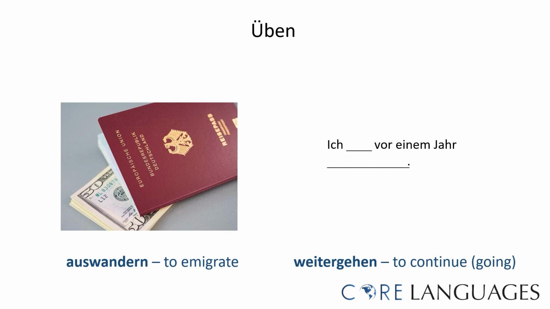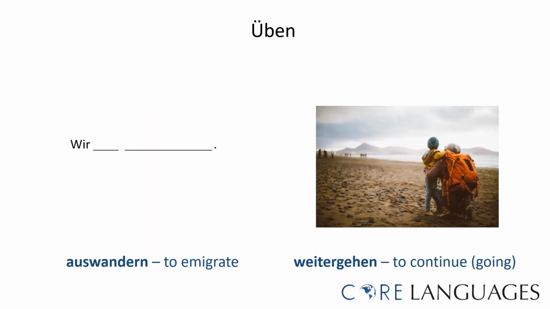The correct verb is auswandern, and the sentence is Ich bin vor einem Jahr ausgewandert. I have immigrated a year ago. Wir sind weiter gegangen. We have continued going or walking.